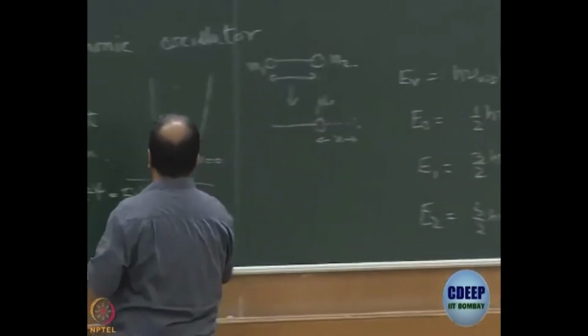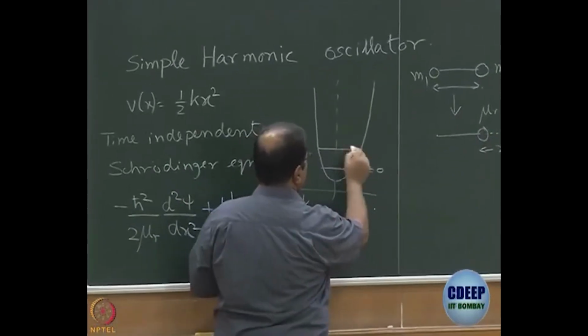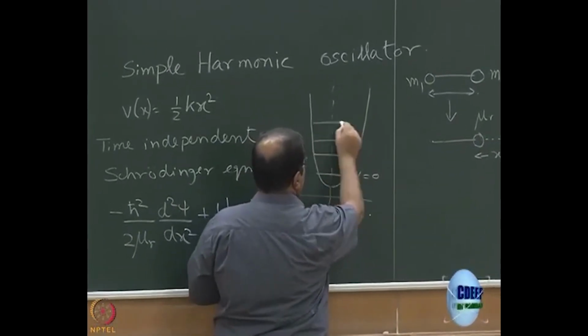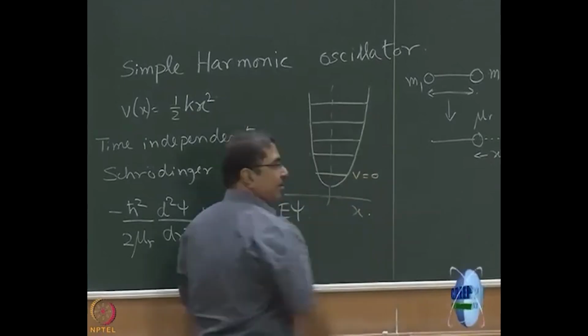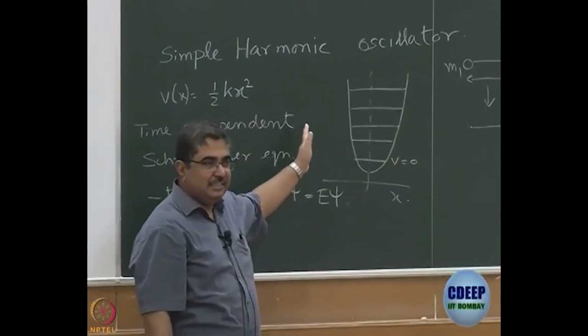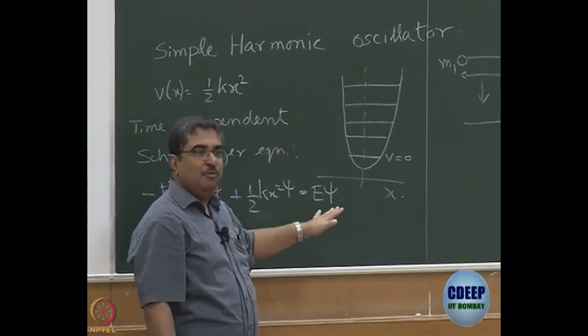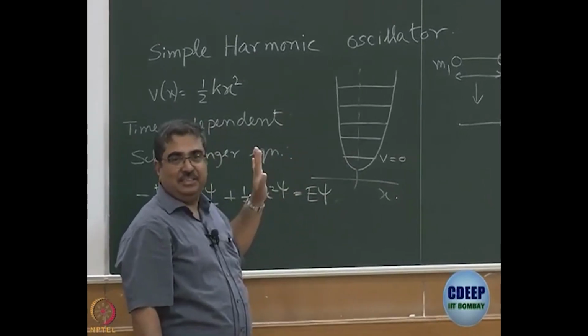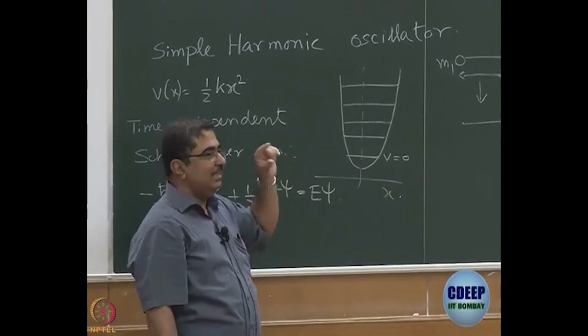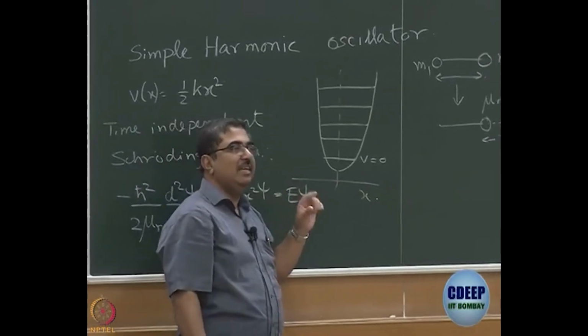So, we learn that, allowing for my poor artistic skills, the energy spacings are all equal for a quantum harmonic oscillator, and the spacing between two successive levels is h nu Vib.